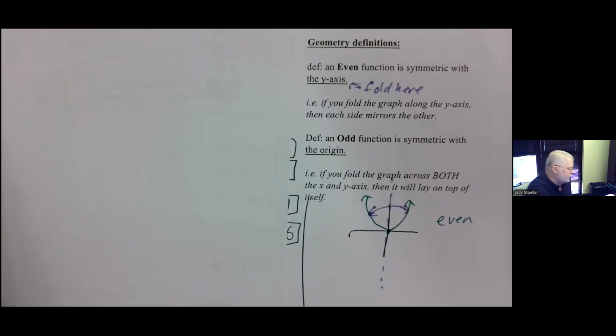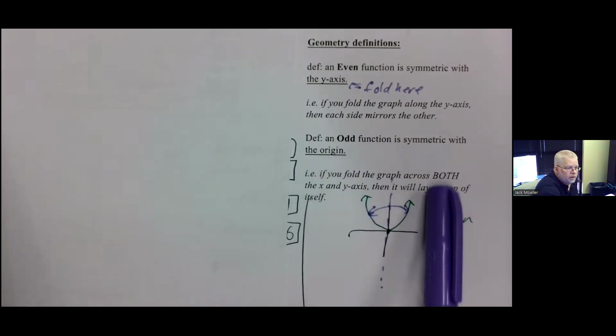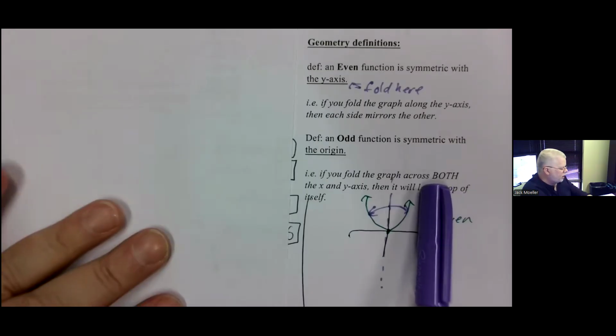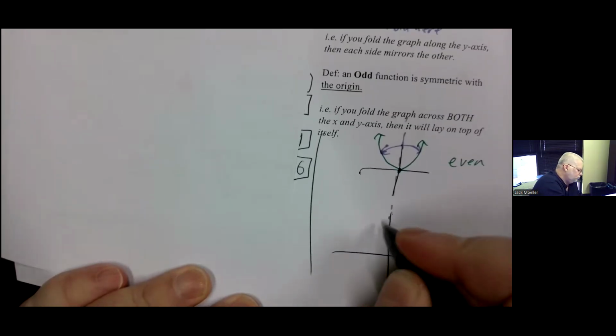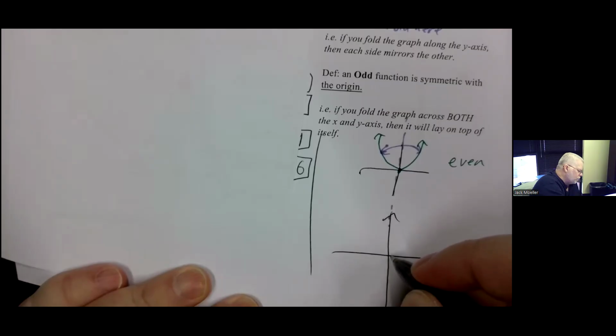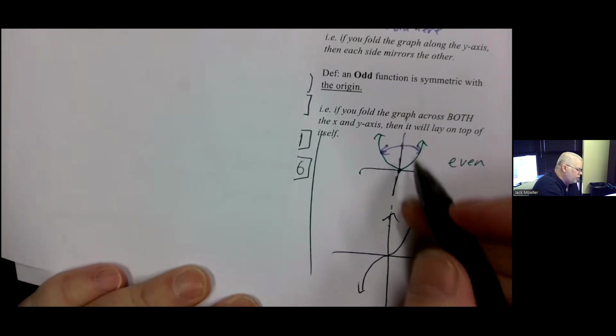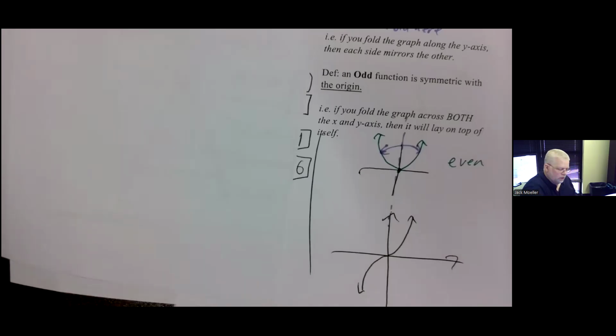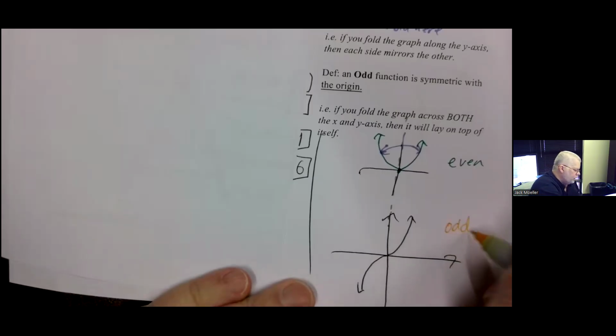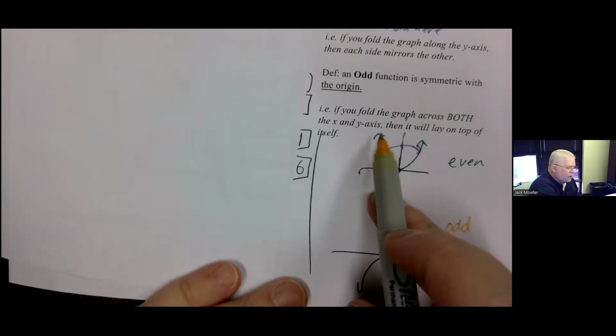Now an odd function is symmetric with the origin. What that really means is you have to fold it across both the x and y-axis to get it to lie on top of itself. A common example is x cubed. You don't need to know x cubed and x squared until next unit, but this is our odd function. The reason it's odd is that you have to fold it across both axes.